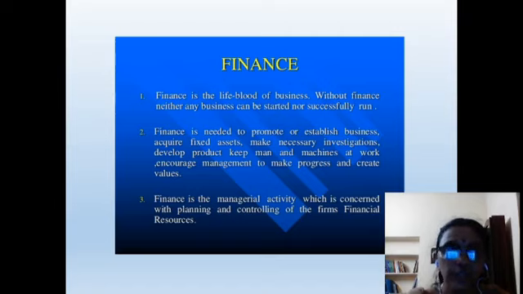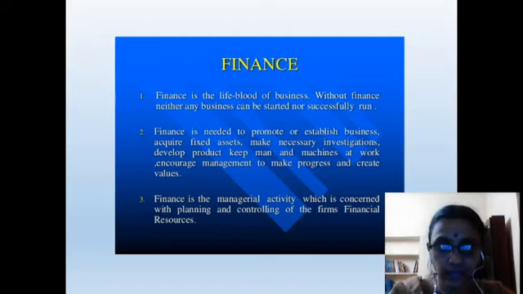reach out to the customers, so that the customers are aware of the products and services available in the market, and by means of that sales is done, and the customers make payment for the products and services, and in turn the company can earn money, and at the end the company can make a profit.